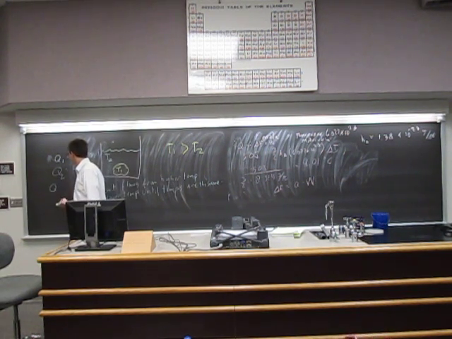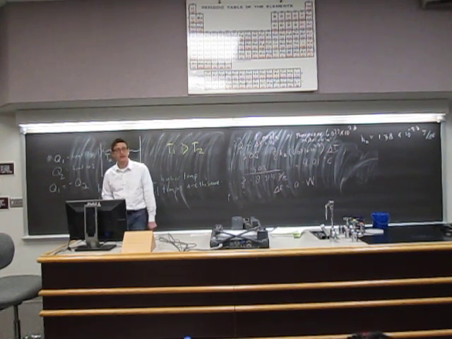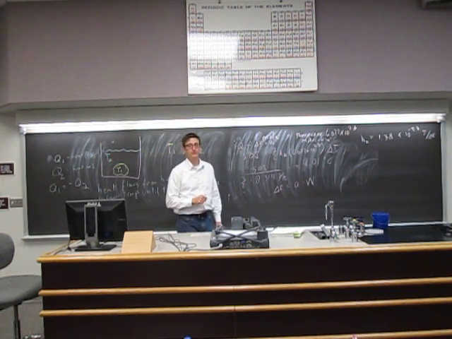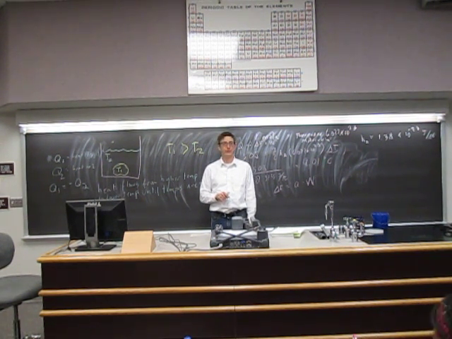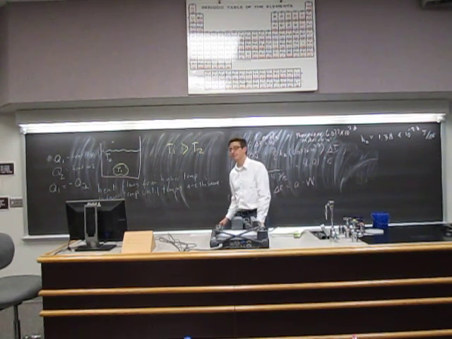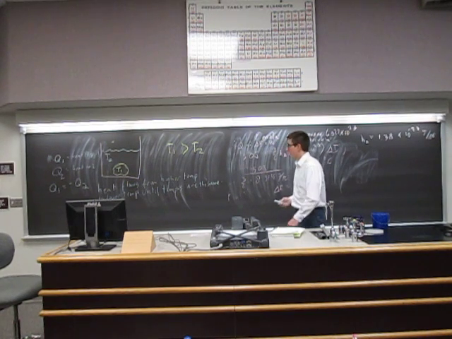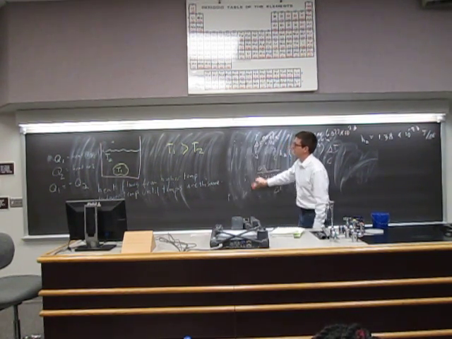So we can have that Q1 is equal to negative Q2. Q2 will be positive because heat's flowing to it. And so Q1 will then be negative because heat's flowing away from it.